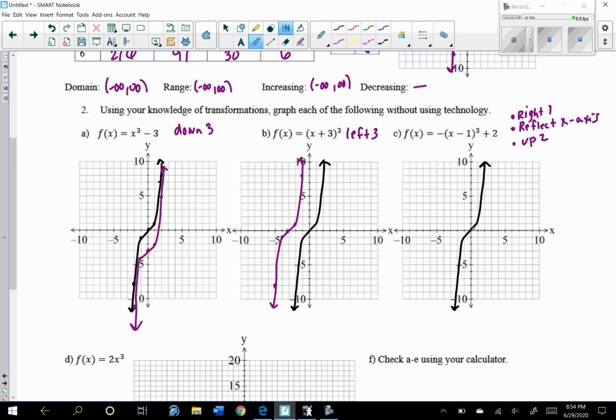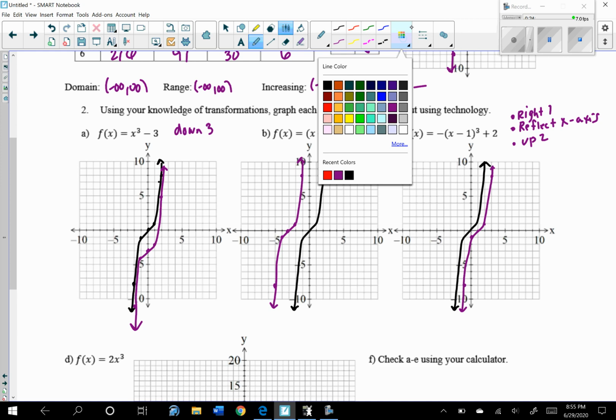So I'm going to do that right 1 first. And again, I'm just moving those points from my parent graph.